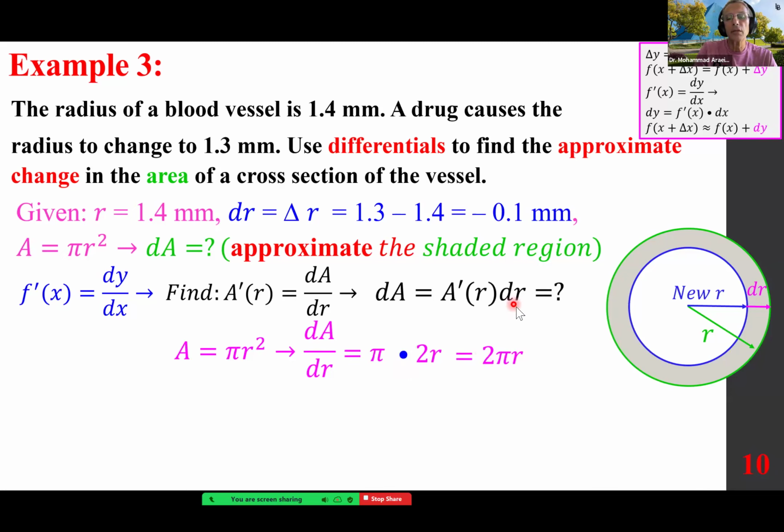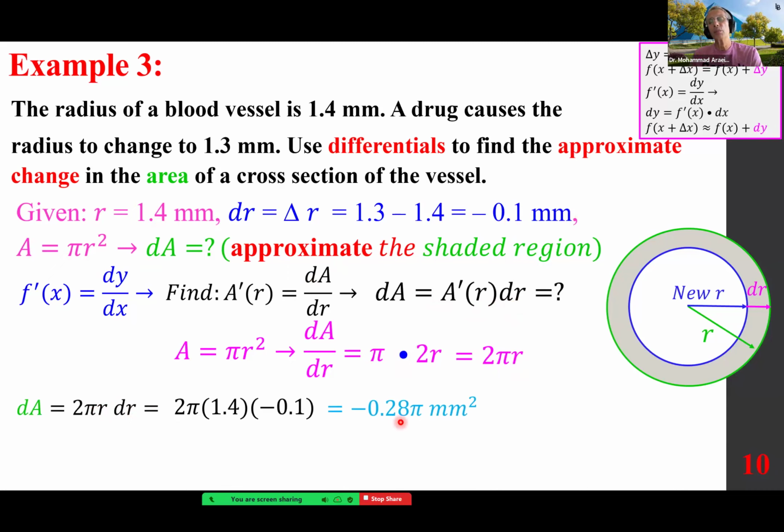The same thing times dr, or 2 pi r dr. We use the given to replace the r with 1.4 millimeters and dr with negative 0.1 millimeters. The product will result in negative 0.28 pi millimeters squared. We should keep it as pi in our calculation and show the work.